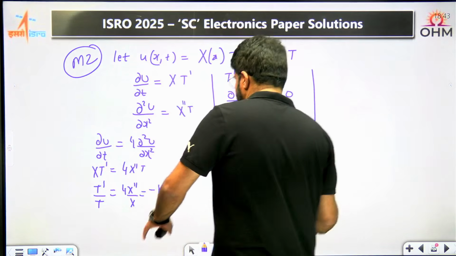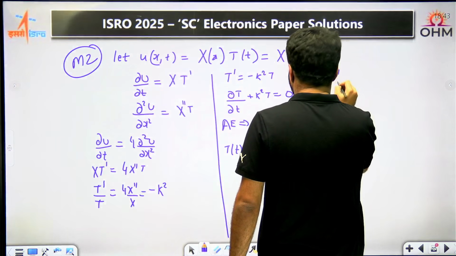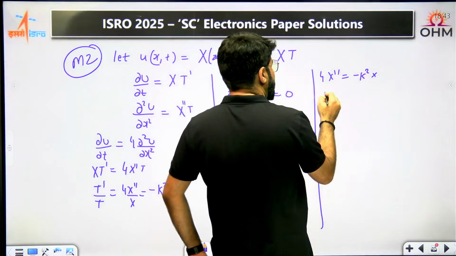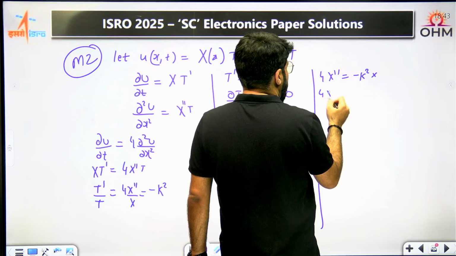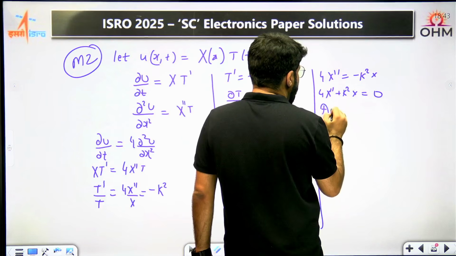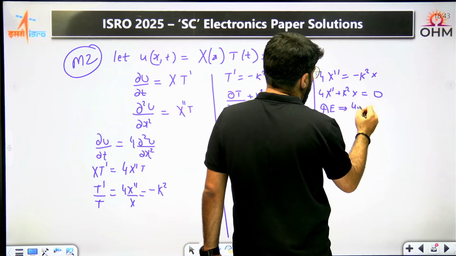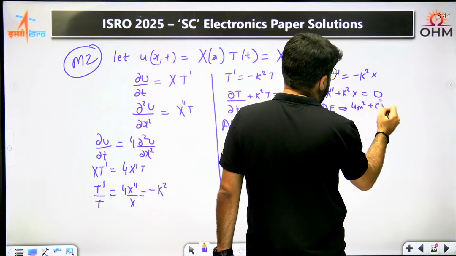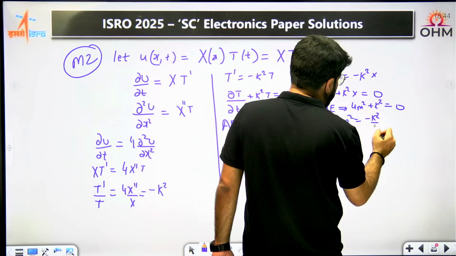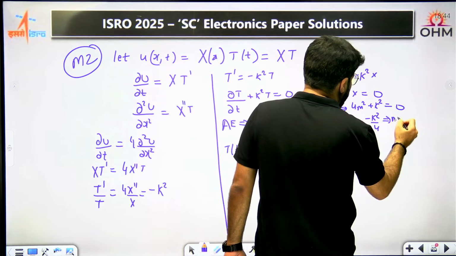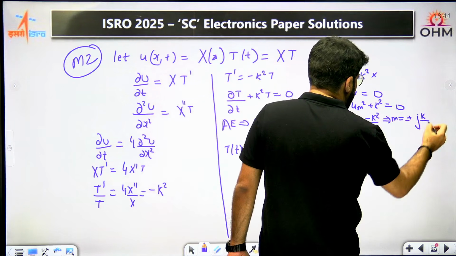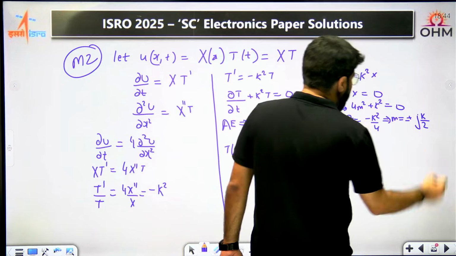The second one will be 4x double dash equal to minus k square x. Bringing the x on the left side, you have 4 x double dash plus k square x equal to 0. The auxiliary equation for this is 4m square plus k square equal to 0. So m square will be minus k square by 4, or m will be plus minus j under root of k square by 4, which I'll write as k by 2.